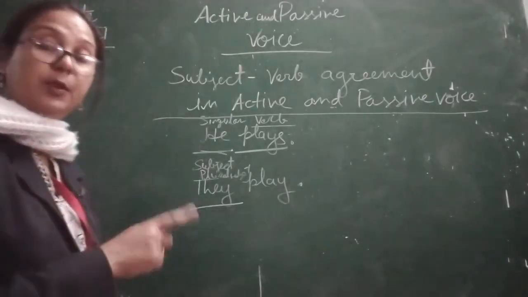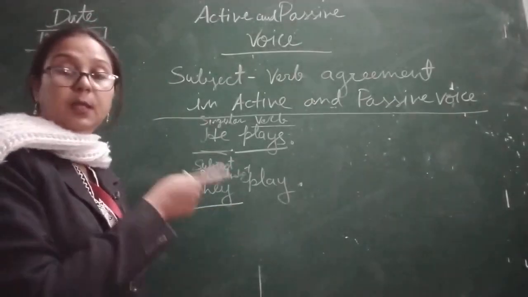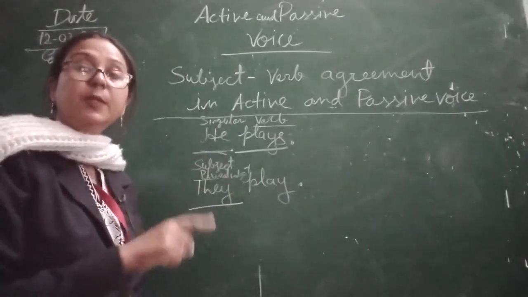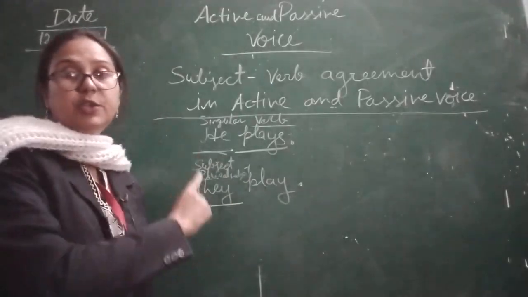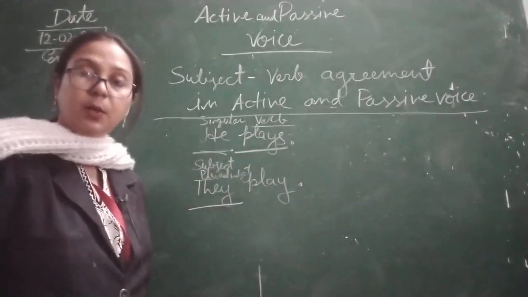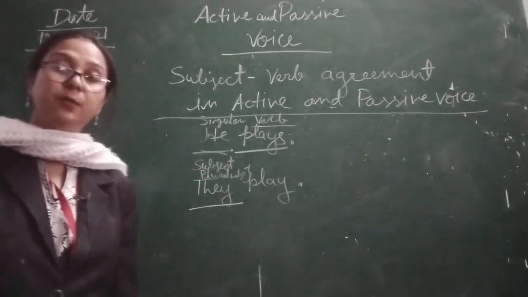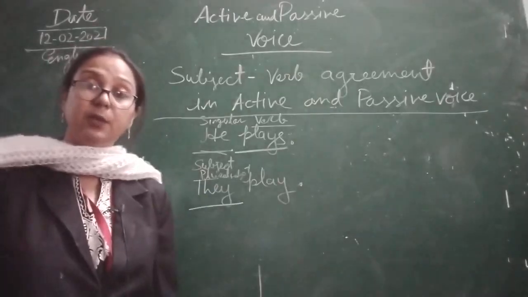If the subject is singular, the verb will change accordingly. If the subject is plural, it will change accordingly. This is subject verb agreement. Children, we will see the same thing followed in active and passive voice.